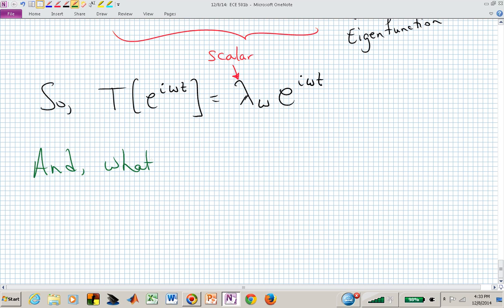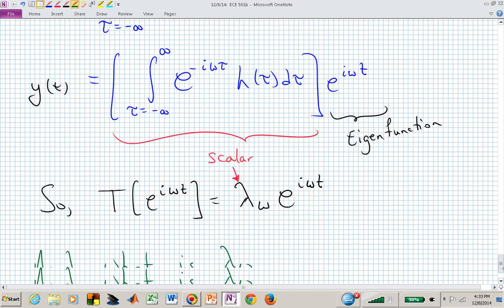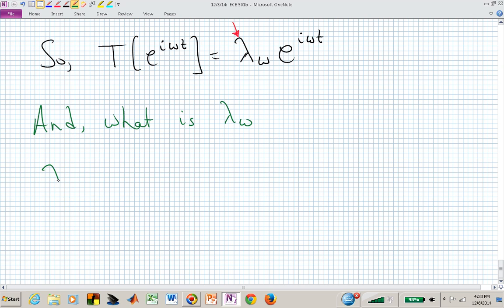So now, what is this scalar going to be? If we now call that lambda of omega what's in square brackets, that's going to start to look very familiar to us. If we simply make that definition, that's now this integral from tau equal minus infinity to infinity of e to the minus i omega tau h of tau d tau.